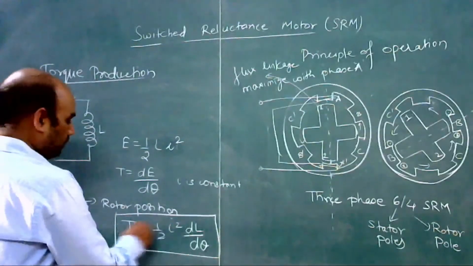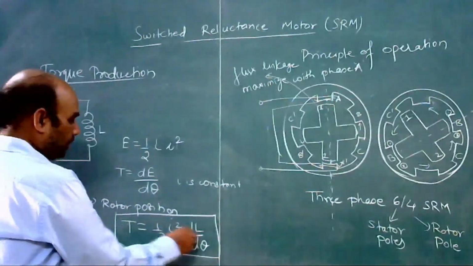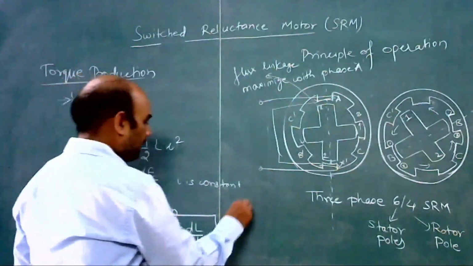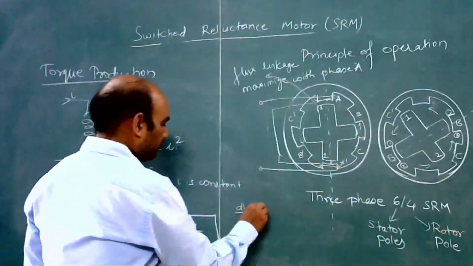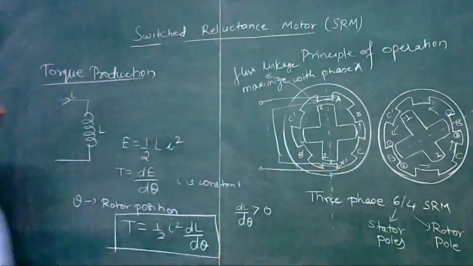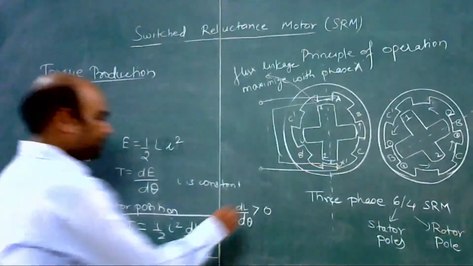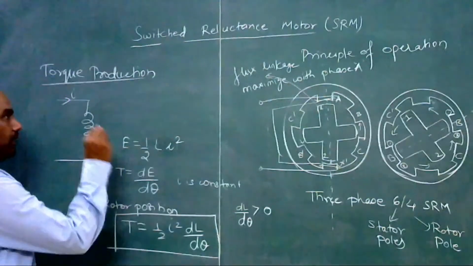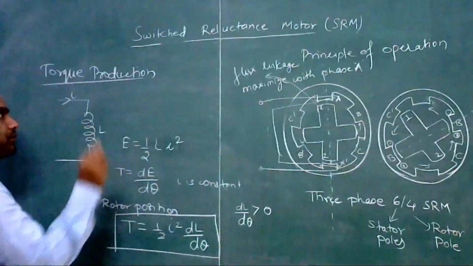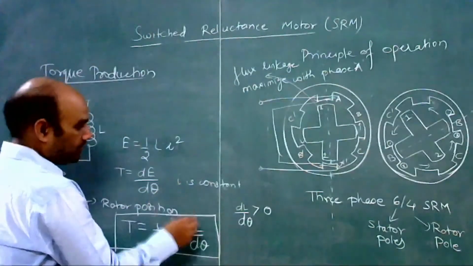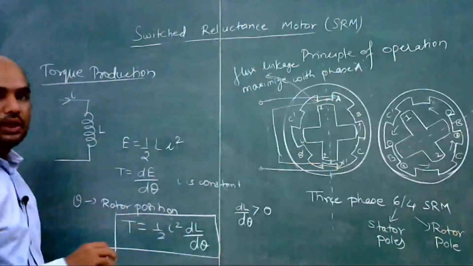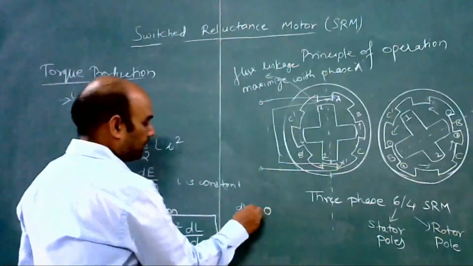So in order to maximize torque, we switch the current in such a manner that dL by d theta should be greater than 0, or positive. So switching of the current in a switched reluctance motor is done in such a way that the derivative of L with respect to rotor position is always greater than 0.